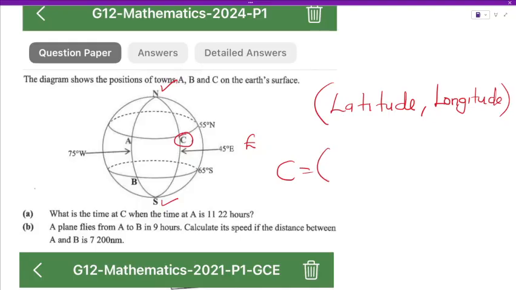Point C, where these 2 lines are meeting, this line and that line, that is where C is. So you check. Remember we said latitudes run from these lines. The easiest way for me, I know it may sound weird to you, but it works for me. I always try to figure out ways in which I can easily master things.